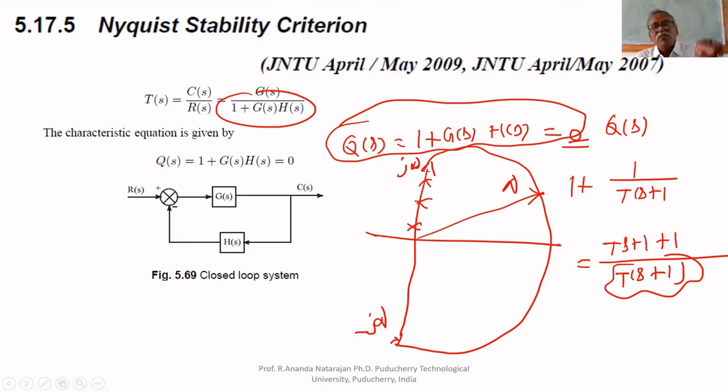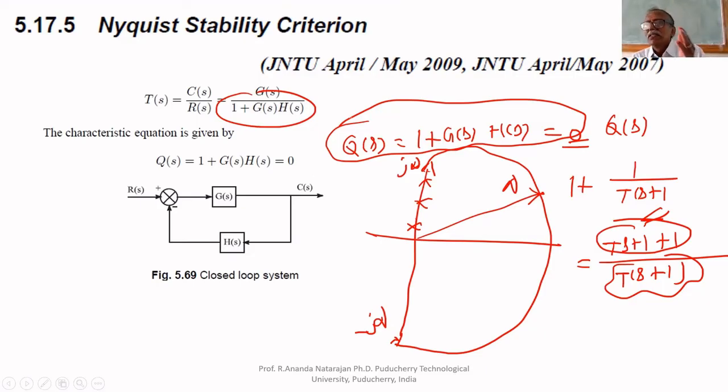But for Q of S, that is 1 plus G of S, H of S, the numerator is the denominator polynomial. You see 1 plus G of S, H of S, take the LCM and equate to 0. This becomes the numerator only. What is the characteristic polynomial? It is nothing but the denominator polynomial of the closed loop system.